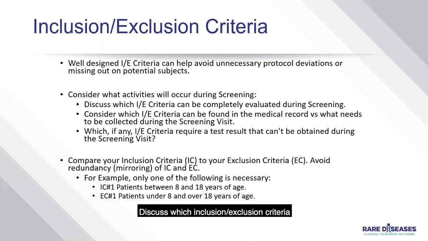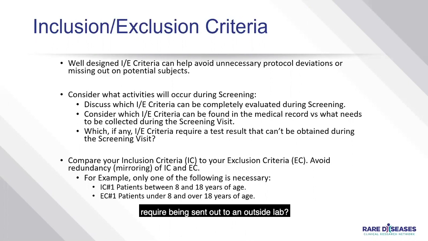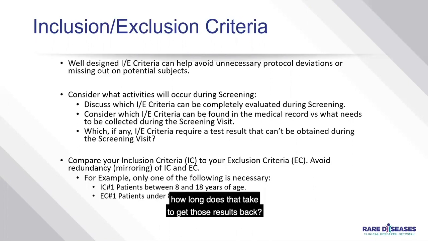Discuss which inclusion-exclusion criteria can be completely evaluated during that first screening visit. So you need to consider what can be found in the medical records versus what needs to be collected on site on that day. Do any of those on-site tests require being sent out to an outside lab? And if it's sent to an outside lab, how long does that take to get those results back?